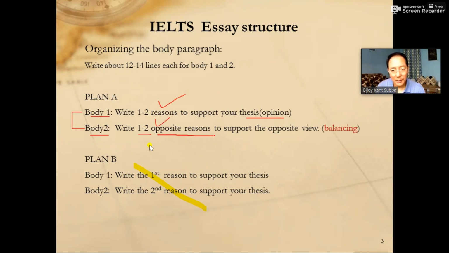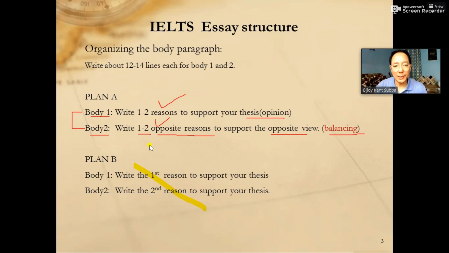Here, you two girls are going to write in the next body paragraph some of the disadvantages of nuclear technology. Now your essay is well balanced because in one body paragraph, you've written about the advantages. In the next body paragraph, you've also written about the disadvantages. So this is called writing a balanced essay.